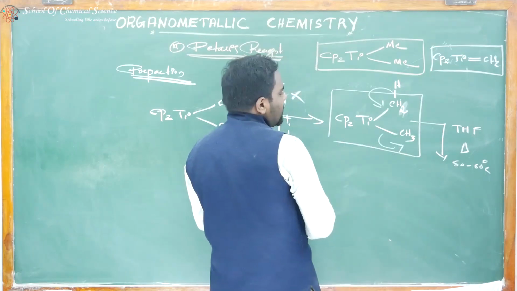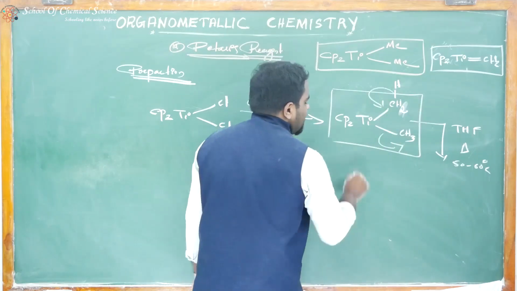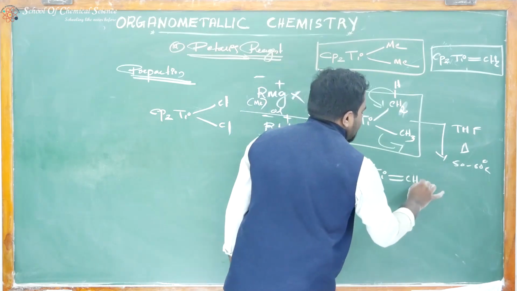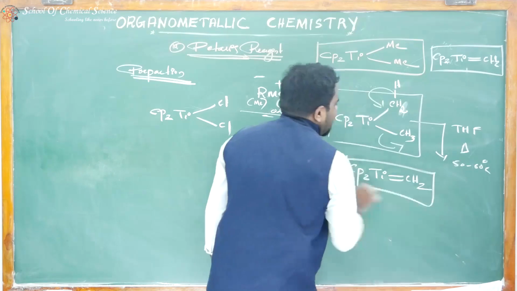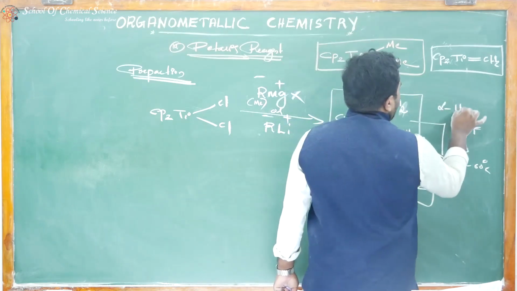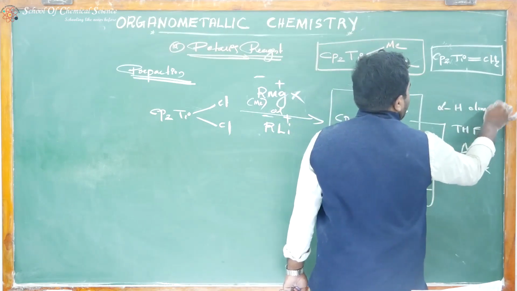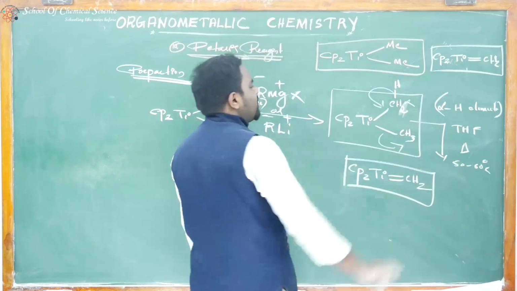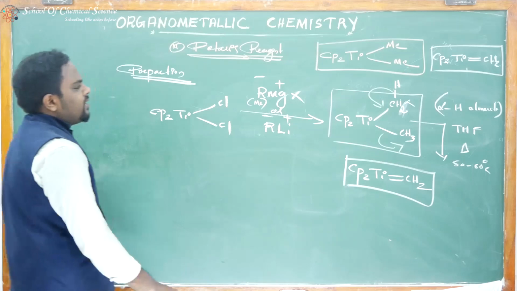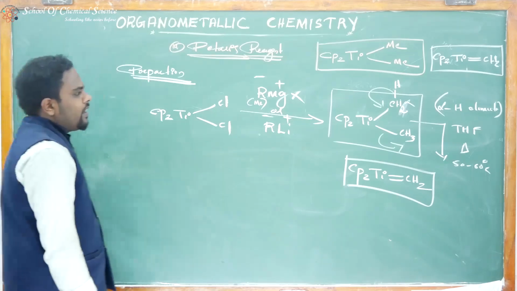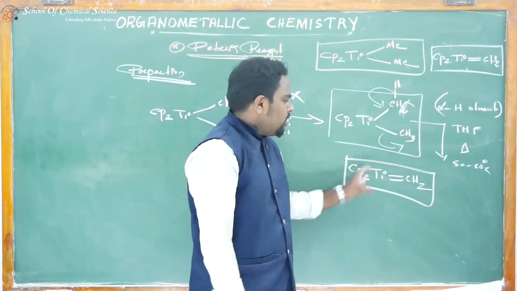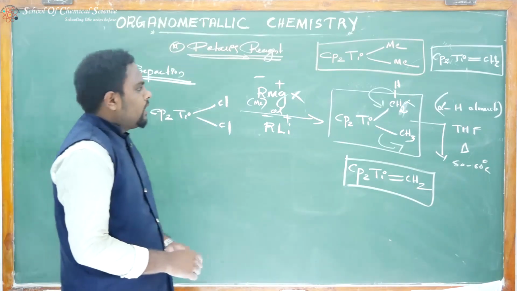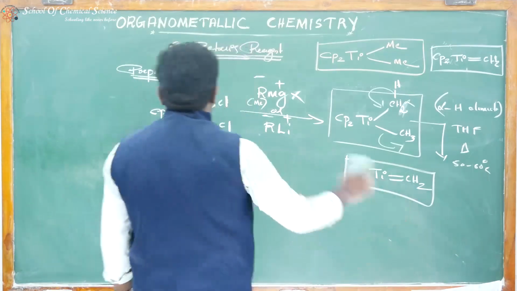CH3 is eliminated as CH4, so that Cp2Ti=CH2 forms. This is alpha hydrogen elimination. With respect to the metal, this is the alpha carbon. The alpha hydrogen is eliminated, so it is converted into the active form. Clear?